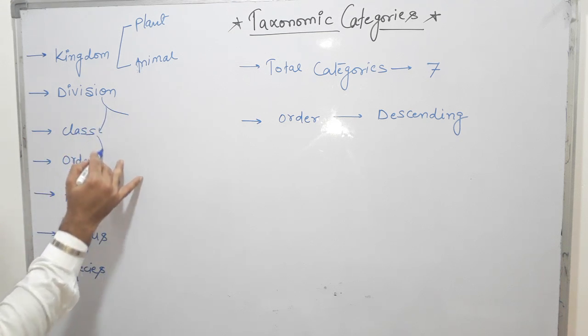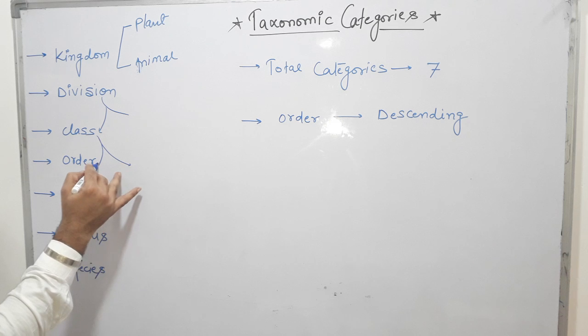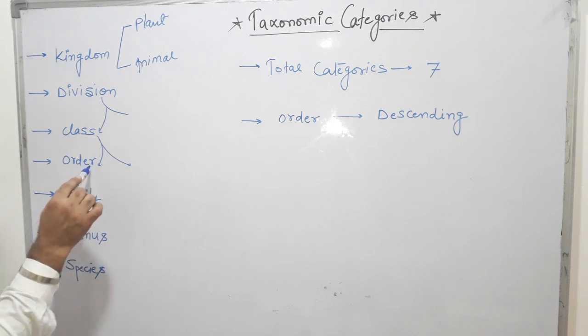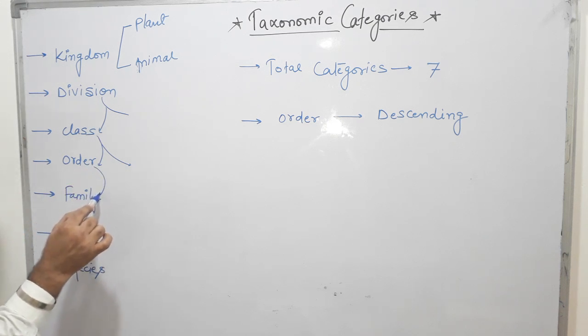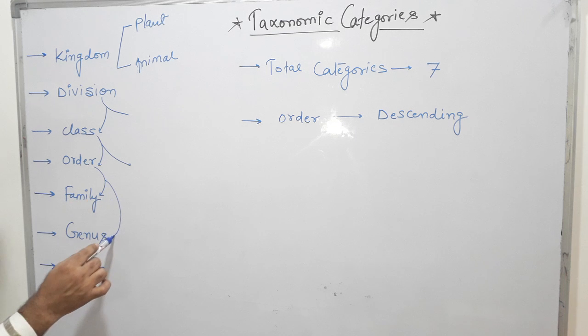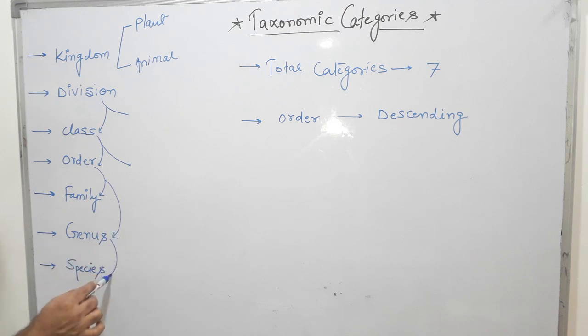In classes, when many dissimilarities are present, they use the order. Order is further classified into family, family into genus, and then genus into species, and if necessary species is further classified into subspecies.